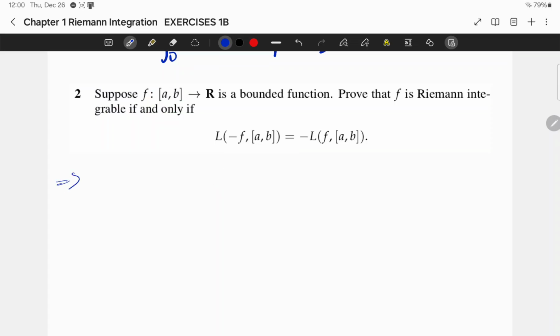So the forward direction: assume f is Riemann integrable.